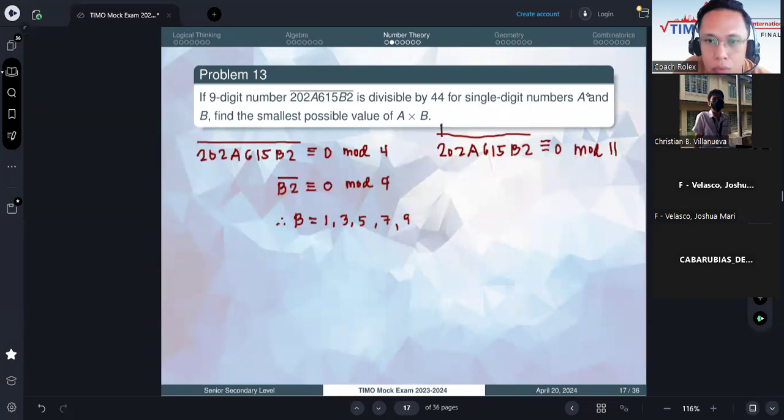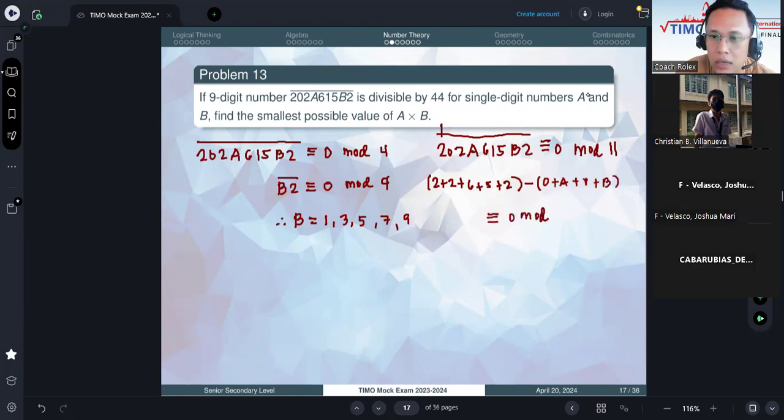So we have 2 plus 2 plus 6 plus 5 plus 2, minus the alternate part: 0, the A, the 1, and the B. This is equivalent to 0 mod 11.